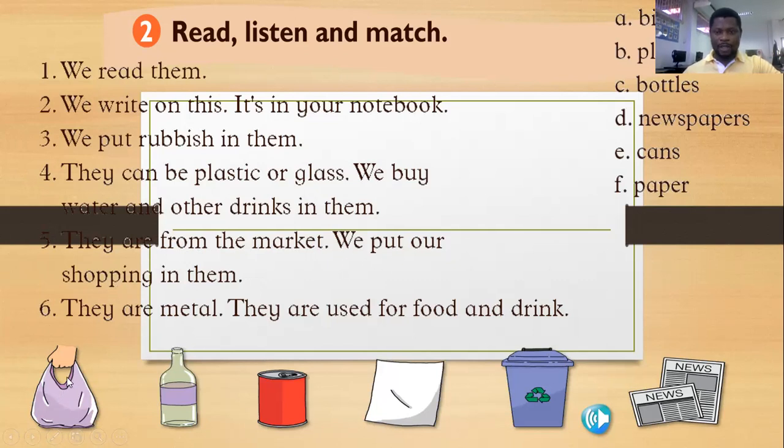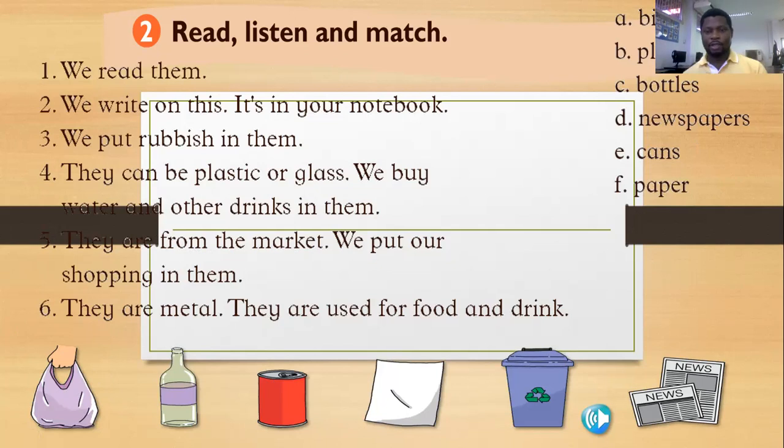So we have plastic bags. 6, they are metal. They are used for food and drink. So we call them cans. Okay, so with that, we come to the end of this slide.